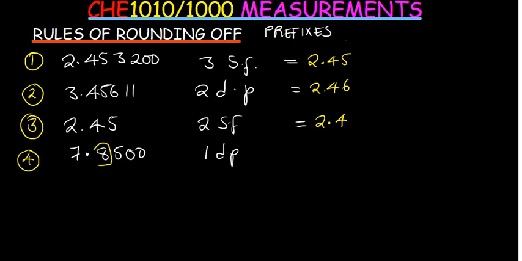Look at the number that comes after. This is a 5. So we need to look at the numbers that follow 5. If there is nothing or there are zeros, then you need to look at this number which is here. Is it odd or even? This 8 is even. So this one is going to be written as 7.8. You don't remove anything from 5 because it is even.